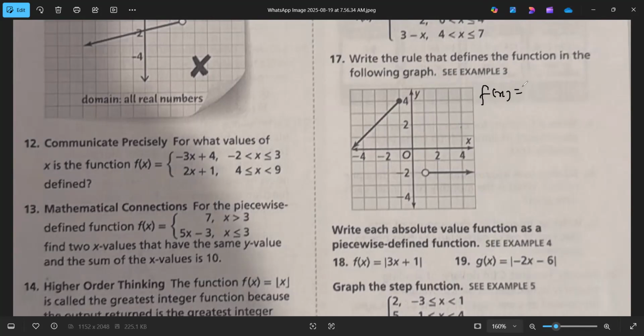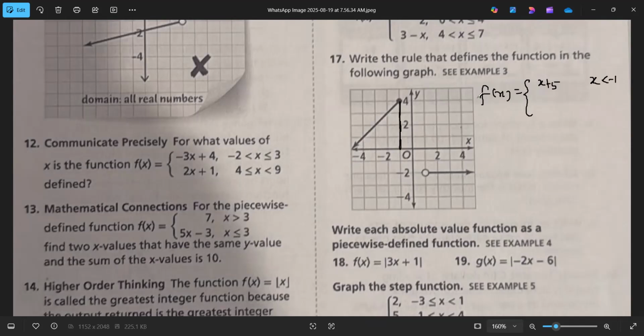When x goes from, see, this is minus 1, right? The arrow indicates it is going forward, so you can say when x is less than minus 1.